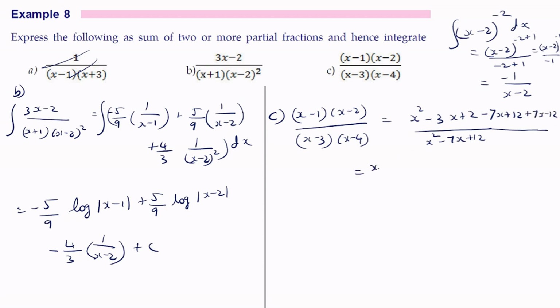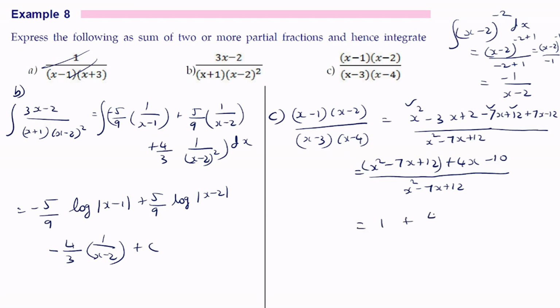So here we will have, let us take these terms separately. X square minus 7x plus 12, and here we have minus 3x plus 7x, which is plus 4x, and then plus 2 minus 12, minus 10, divided by x square minus 7x plus 12.